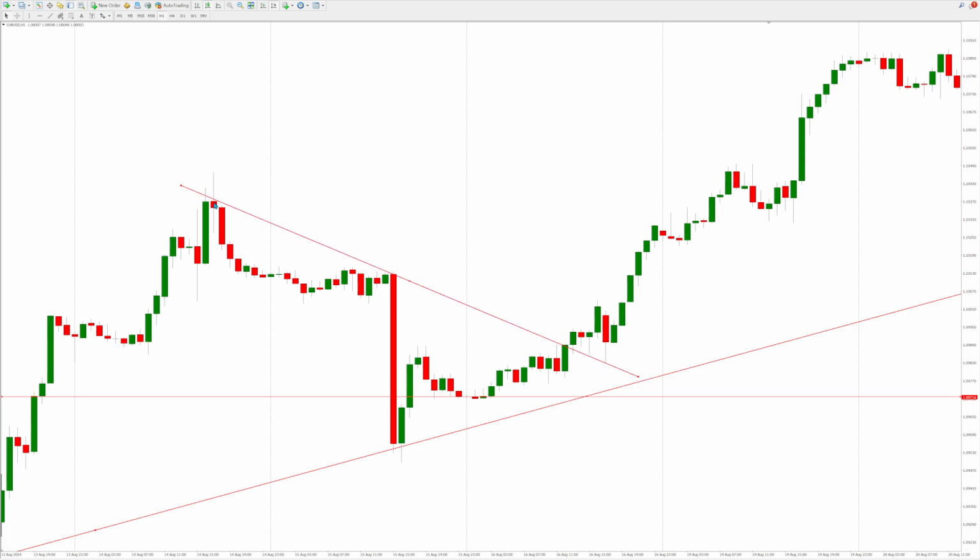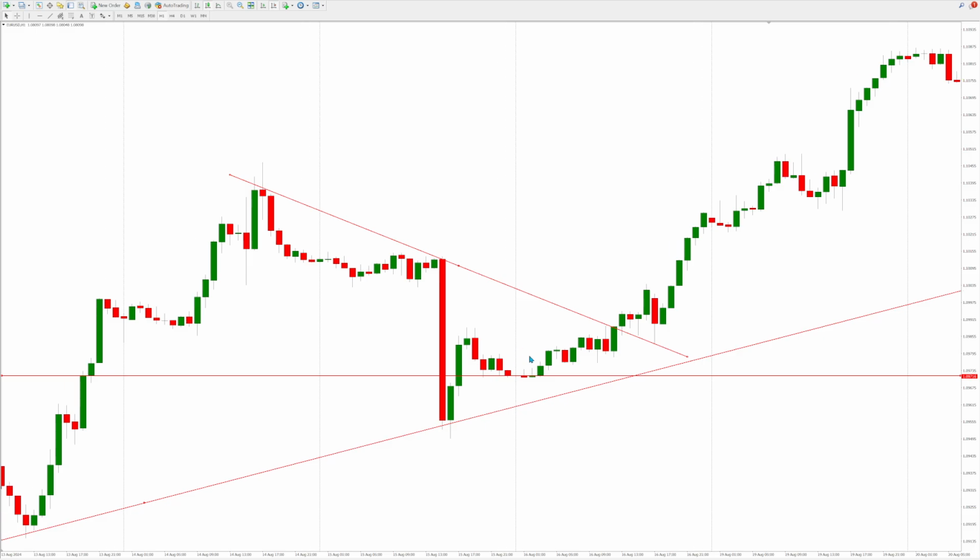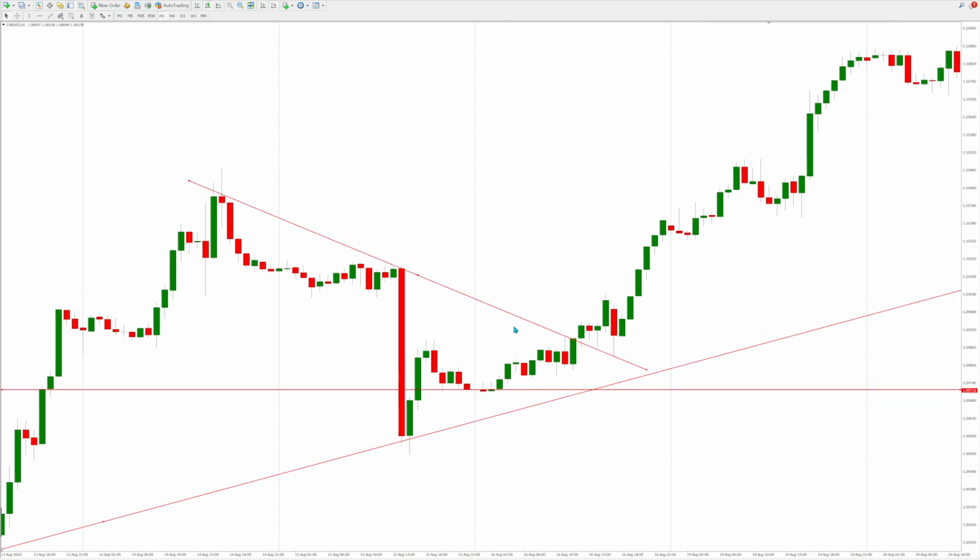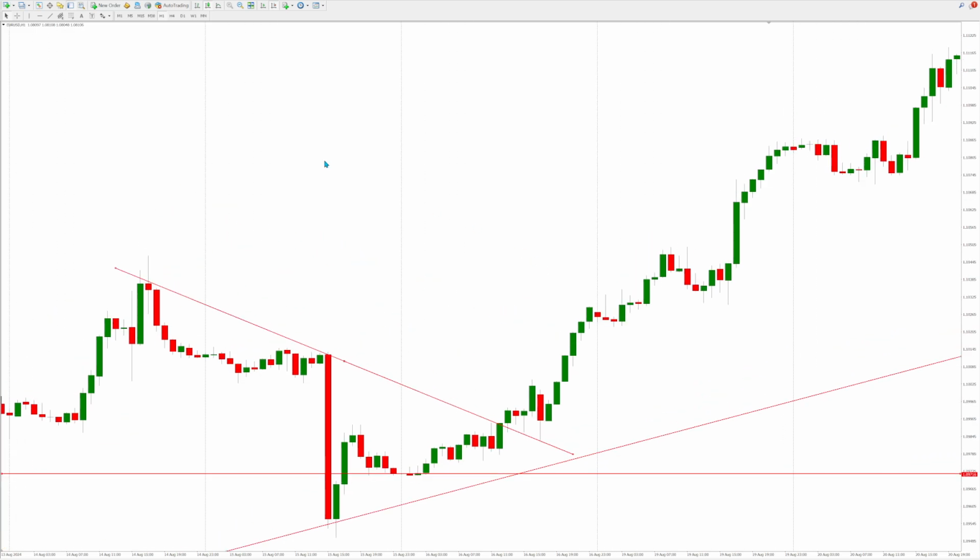Resistance here and here, comes support here and here. And we can trade on the breakout there. That's much more beneficial, in my opinion, than using this daily open line as some magic indication to get in on a trend.